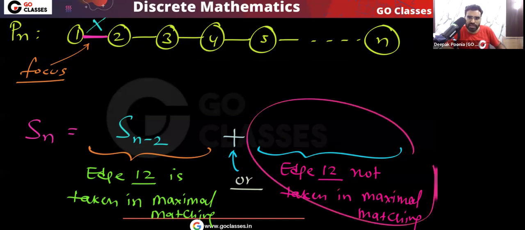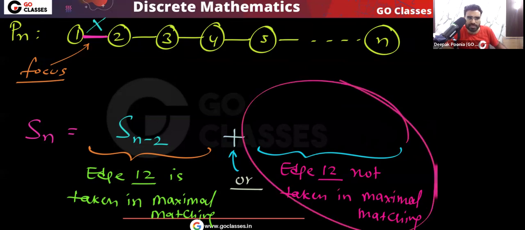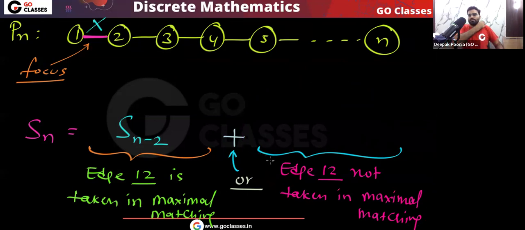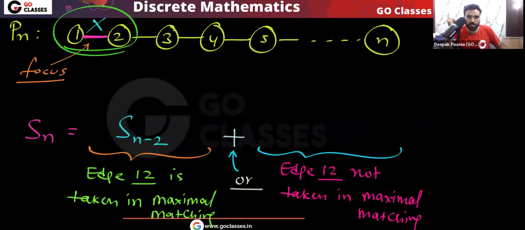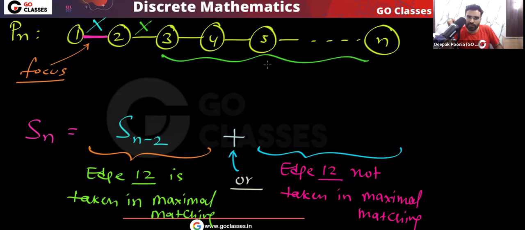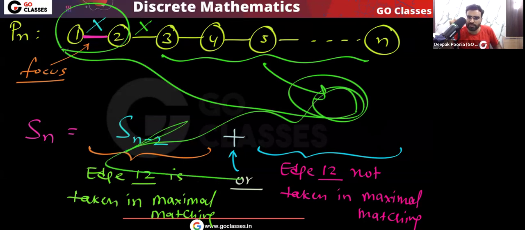Very simple. We are counting those maximal matchings where this edge 1, 2 has not been taken. So this edge 1, 2 I'm not taking. Now, if I don't take this 2, 3, then from this remaining graph, if I create some matching, then that will not be maximal, because I could have added this 1, 2 in that matching, and I could have gotten a bigger matching.